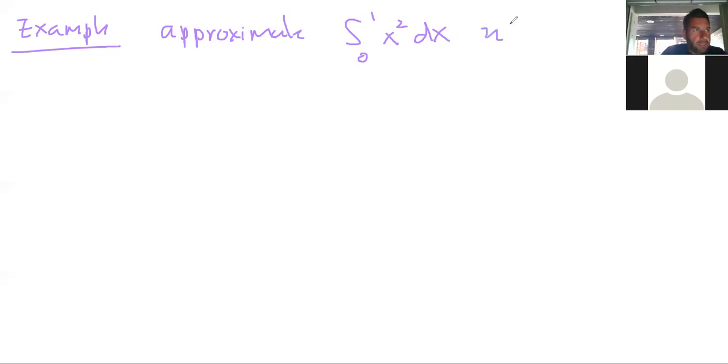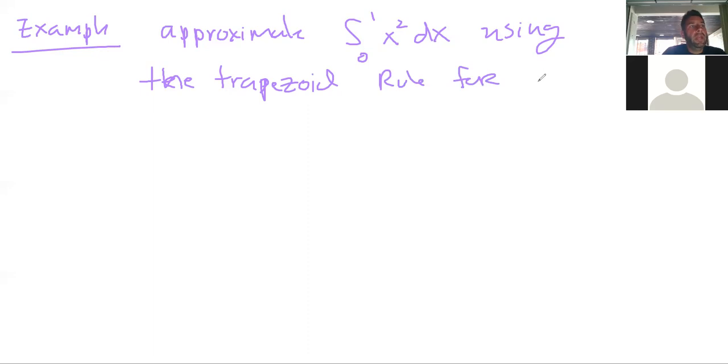So let's approximate this using the trapezoid rule, first for n equals 1, then 2, then 4, and then 10.